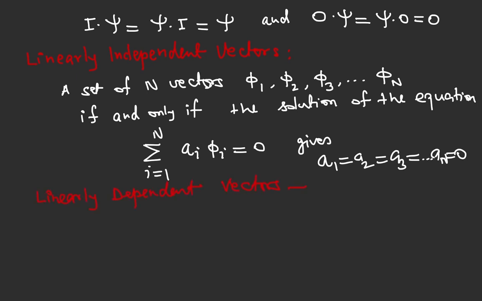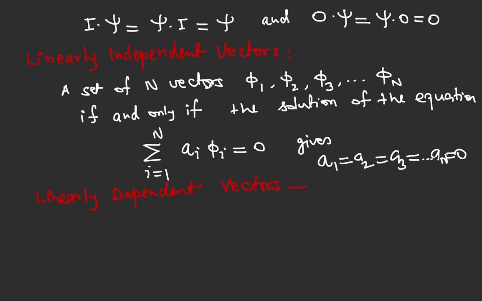Now suppose there exists a set of scalars which are not all 0, and one of the vectors can be expressed as a linear combination of the other vectors.